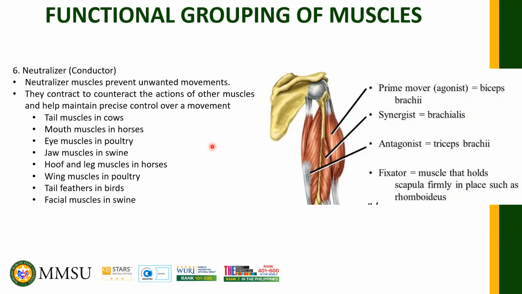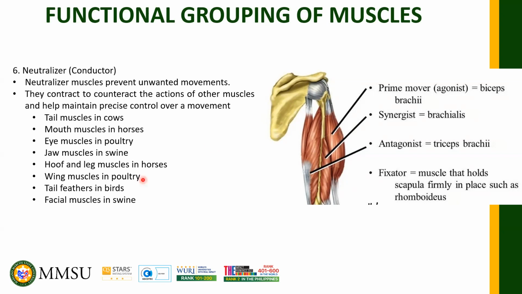Kapag kasi merong involuntary na jaw movements, lalong-lalo na pag kumakain yung mga animals natin, there is a possibility na mag-occur ng inefficient na mastication or injury within the jaw of the animal.